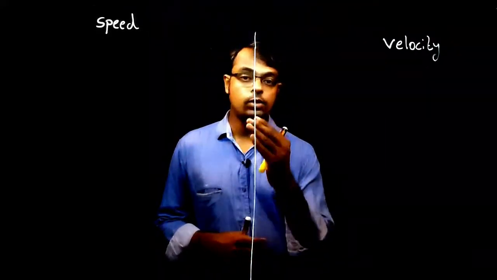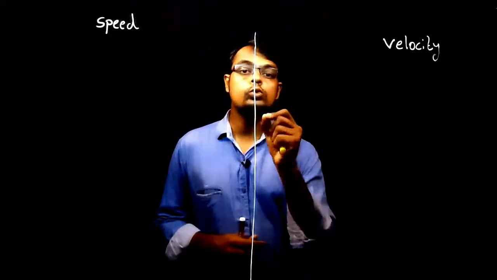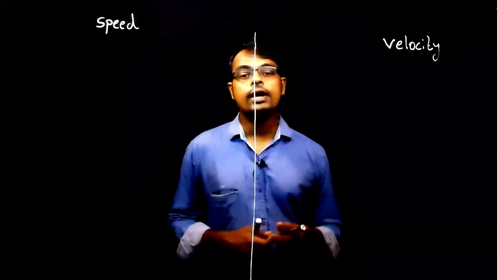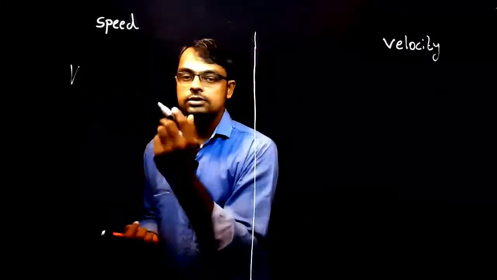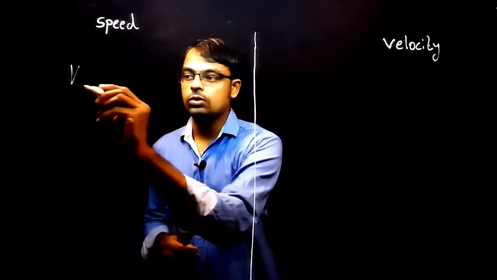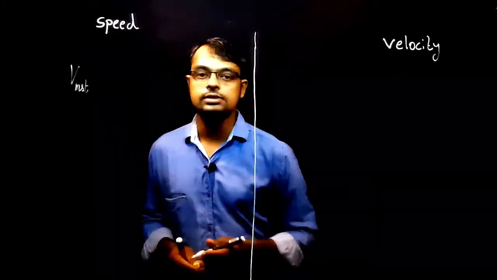And what is the peculiarity of that instant of time? It is too small. So we can write the instantaneous speed simply as V, or for understanding, V instantaneous.